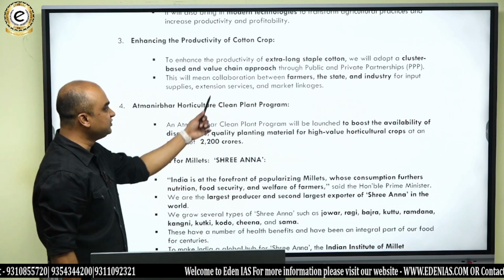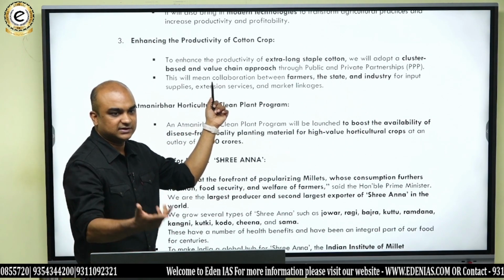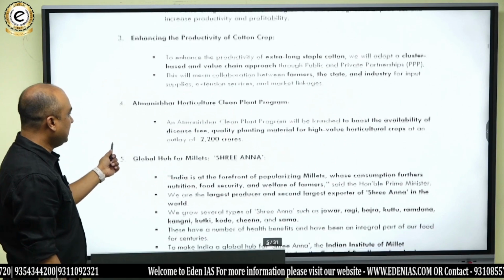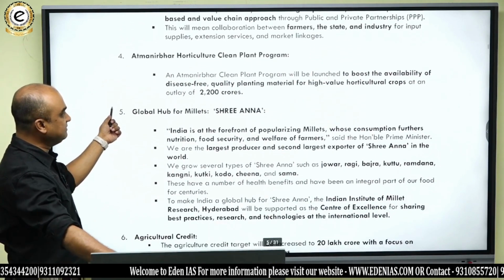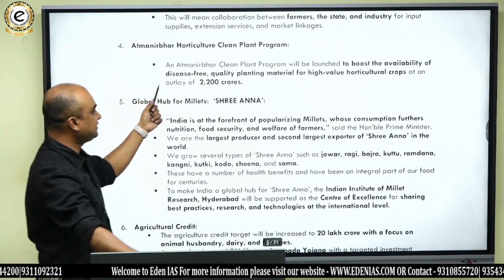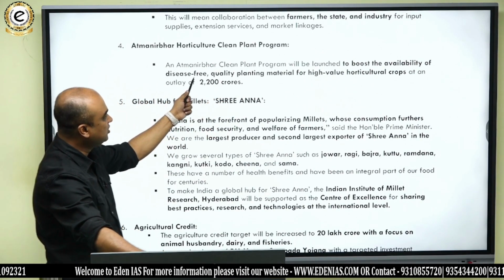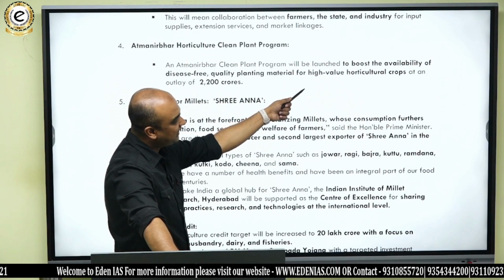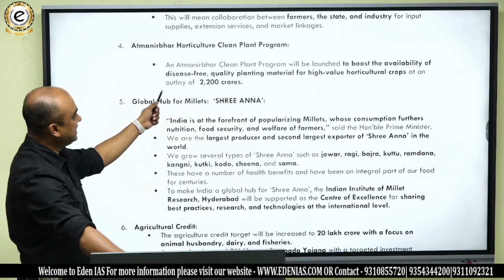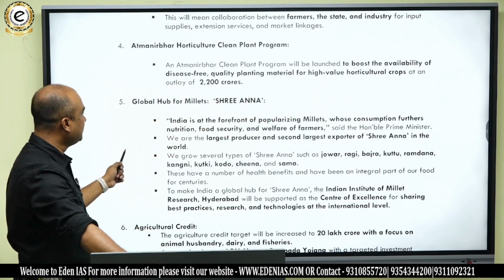Like say for example, insurance services could be considered as extension services. Atmanirbhar Horticulture Clean Plant Program. An Atmanirbhar Clean Plant Program will be launched to boost the availability of disease-free quality planting material for high-value horticultural crops at the outlay of 2,200 crores.